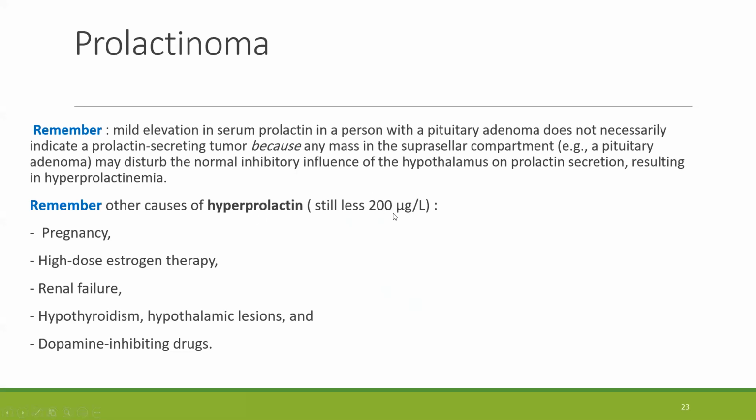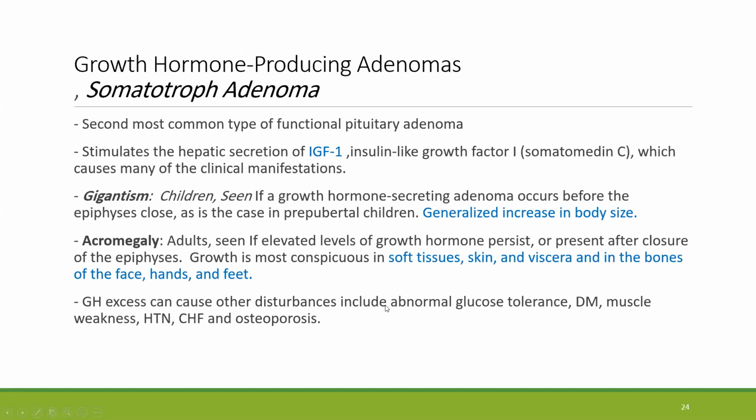Any secretion of less than 200 microgram per liter, always remember other possibilities like pregnancy, high dose estrogen therapy, renal failure, hypothyroidism, dopamine inhibiting drugs. All of these can give us some more production of the prolactin. But the production in all of these cases, most of the time, is less than 200 microgram per liter.